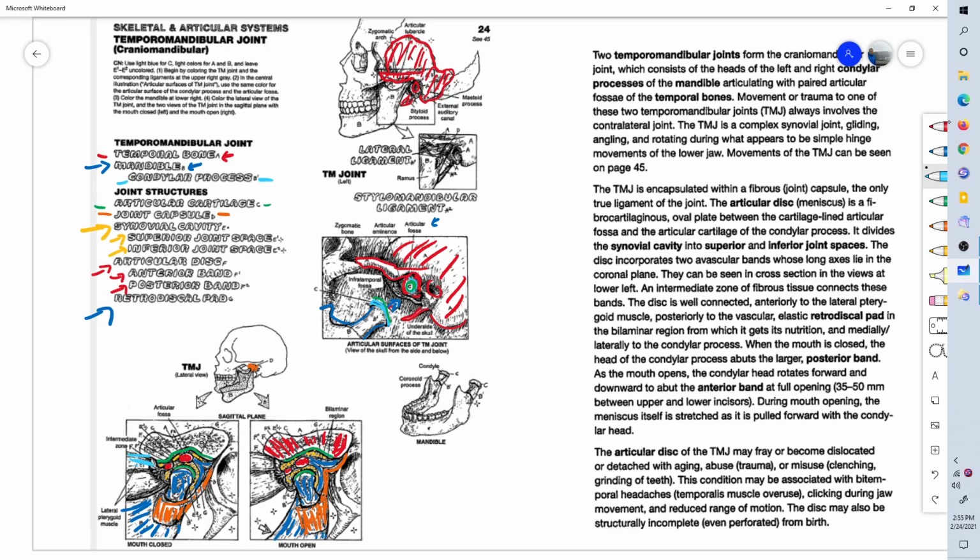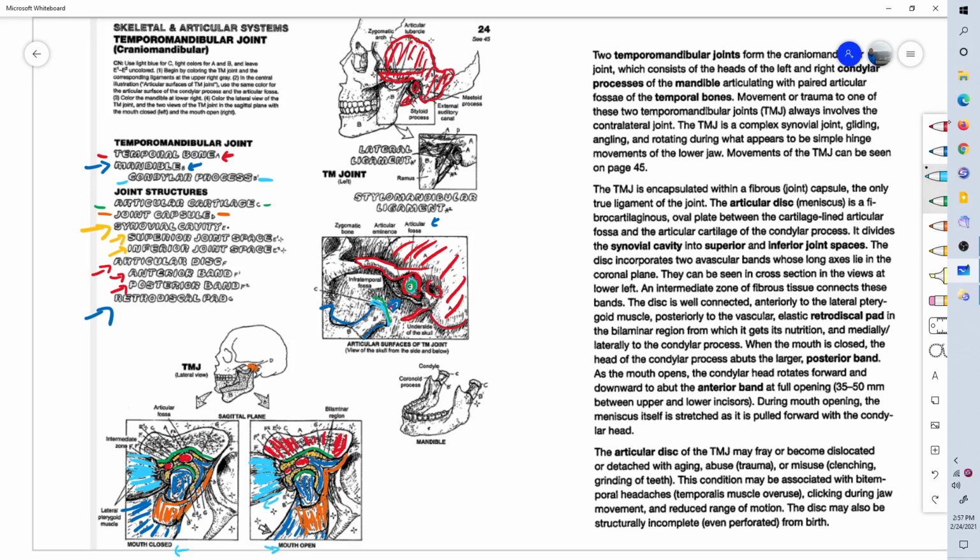You can see it reaches in here and grabs the anterior portion of the disc, and is involved in bringing that articular disc forward when opening the mouth. This is mouth open. This is mouth closed. You can see that anterior movement or translation of the disc when the mouth opens.